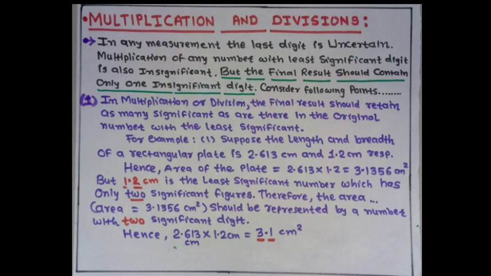Therefore, the area should be represented with two significant digits. Hence, 2.613 cm × 1.2 cm is written as 3.1 cm² after rounding off.